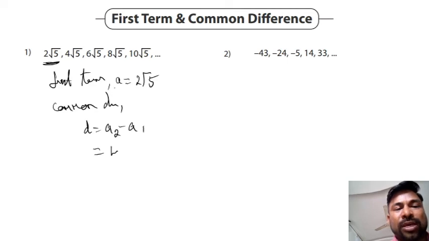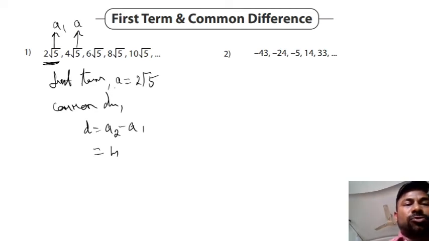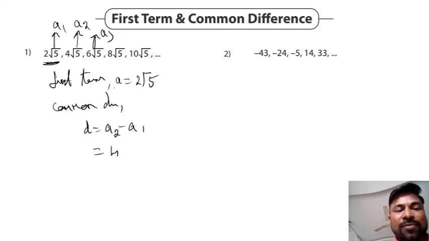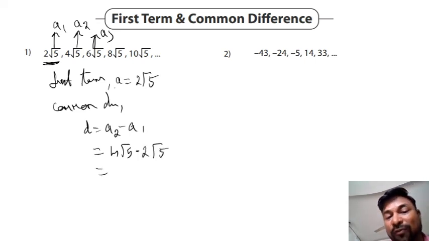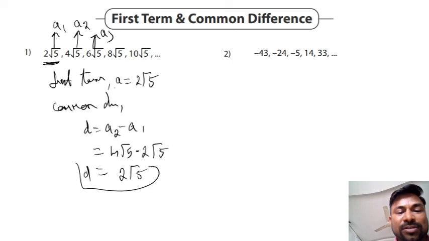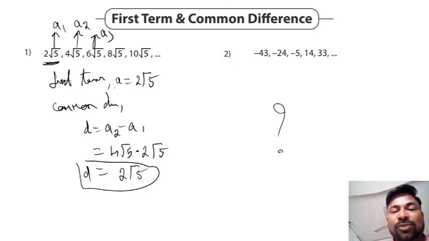This is A1, this is A2 and this is A3. So A2 minus A1 is 4 root 5 minus 2 root 5. There are 5 root 5s, out of that 2 root 5s are removed, and we'll be getting 2 root 5. That's the common difference.